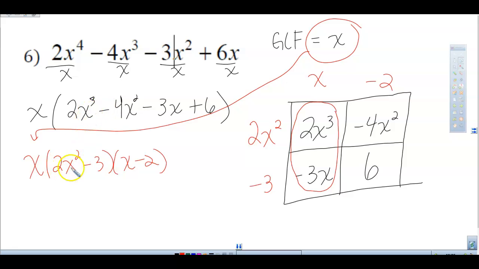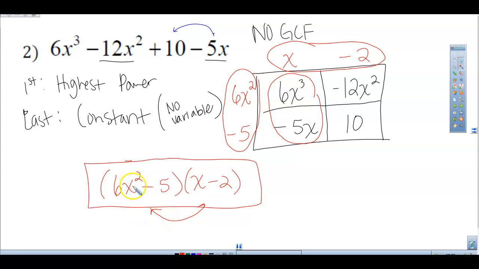This one, even though we had the squared, 3 is not a perfect square, 2 is not a perfect square. So we are finished here because there's no dots. And likewise with this one, even though we had a squared, 5 was not a perfect square, 6 is not a perfect square, 2 is not a perfect square, so we don't have dots, and we're finished.